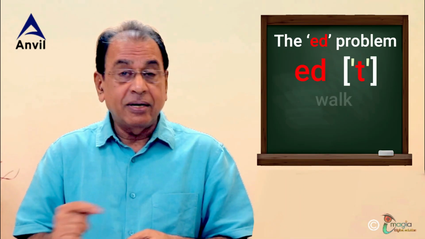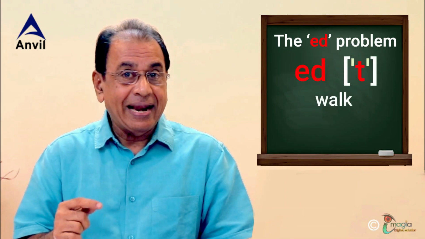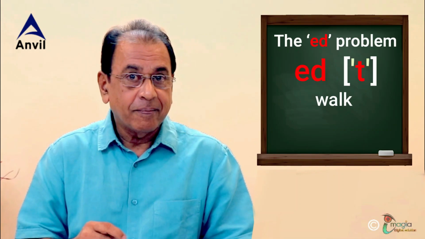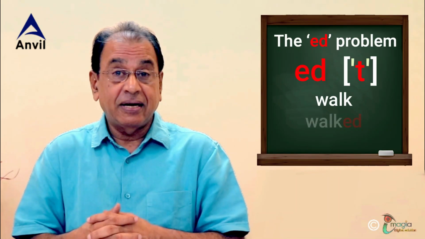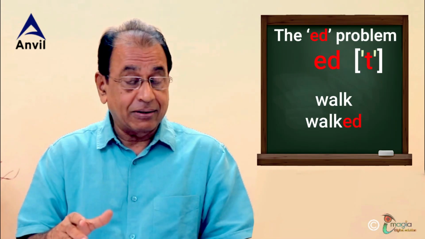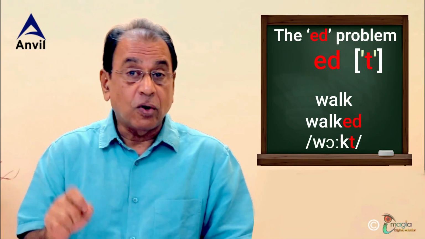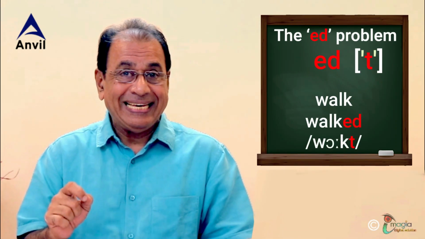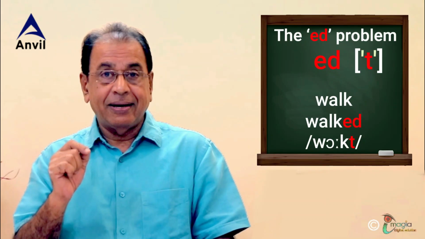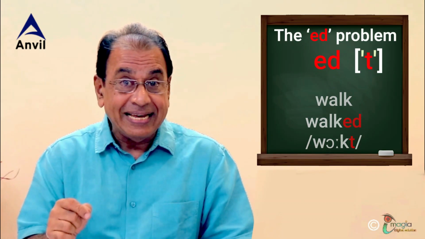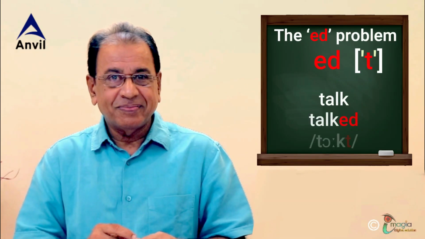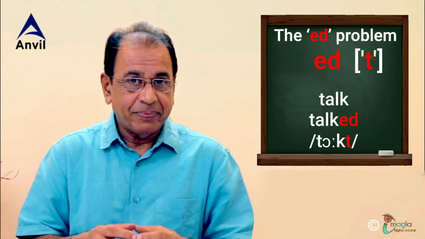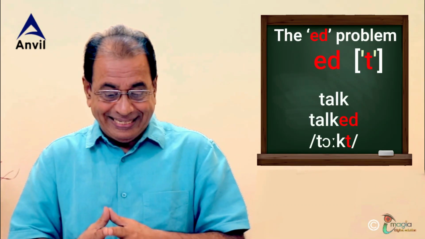Let's look at the word W-A-L-K, walk. And if you make the past tense of it, we often say walked, not quite right. That's walked. So ED is replaced by the pronunciation T, walked. Similarly, talk, talked. I talked to my brother. We talked to the person concerned.